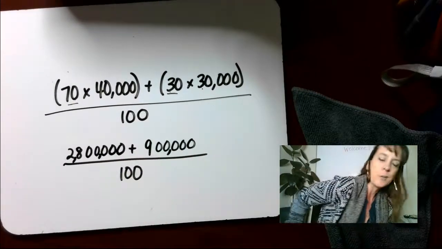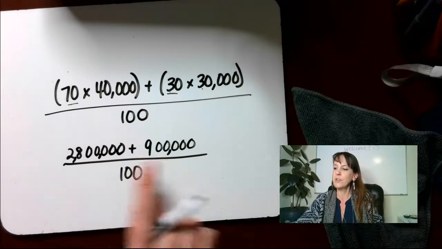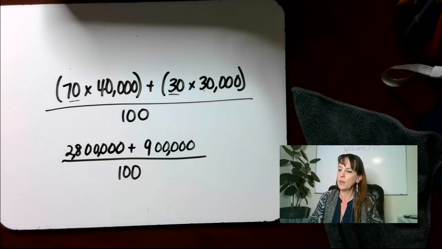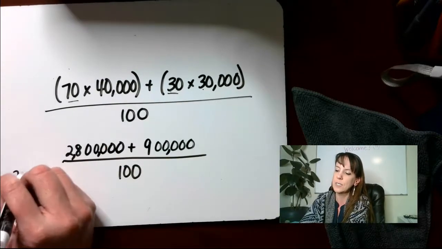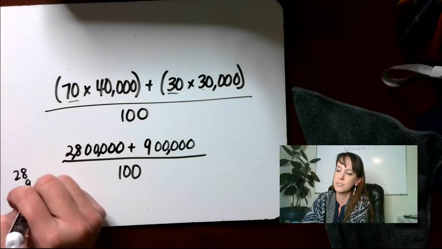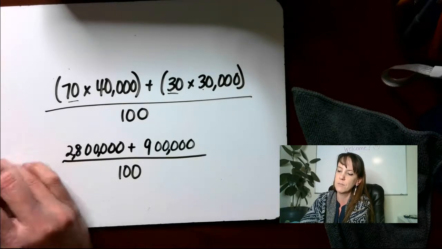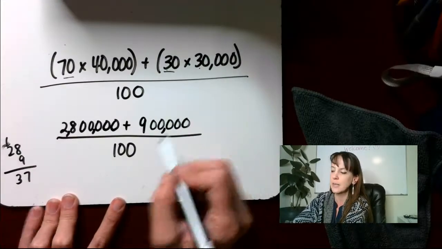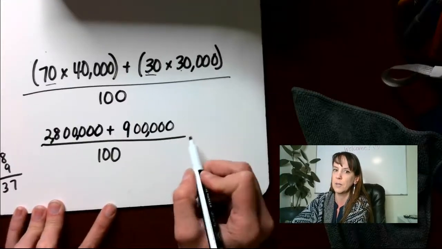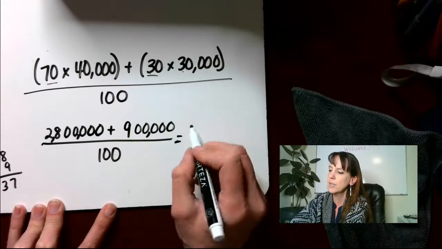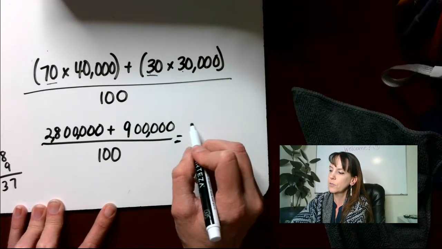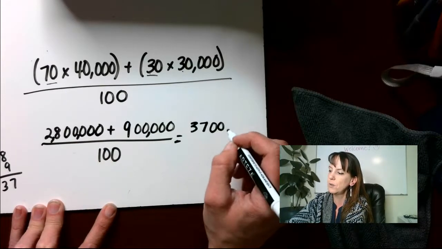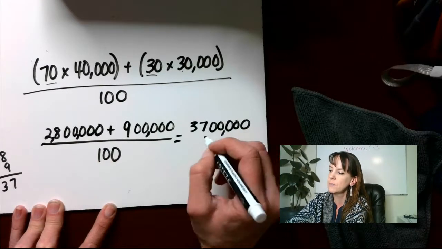Okay, so what we're going to do is we add those two things up, and it's basically 28 and 9, right? So if we add these two things up, we end up with 37 with 3 zeros.